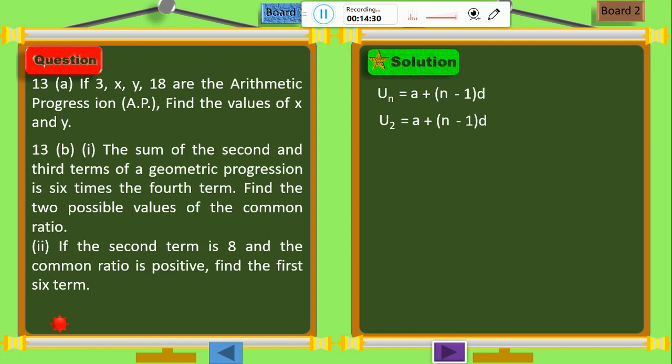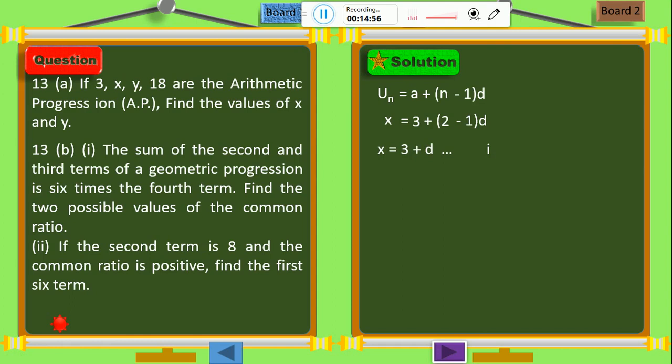Then we're going to make our substitution. U2 from there is giving us x. Then a from that equation here is giving us 3. Then n, how many terms there are for the question here, is 2. Then we simplify that. x is equal to 3 plus d.